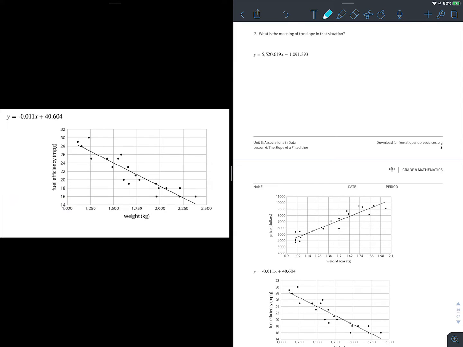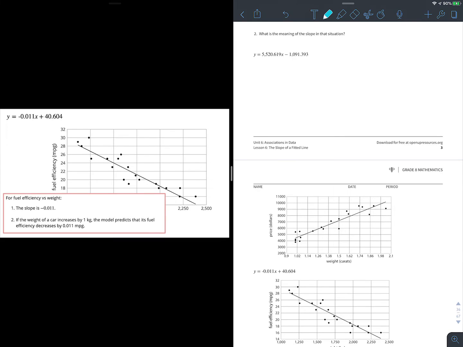Going into the next one, we would say our slope is negative 0.011. And in this situation, if the weight of a car increases by 1 kilogram, the model predicts that its fuel efficiency decreases by 0.011 miles per gallon.